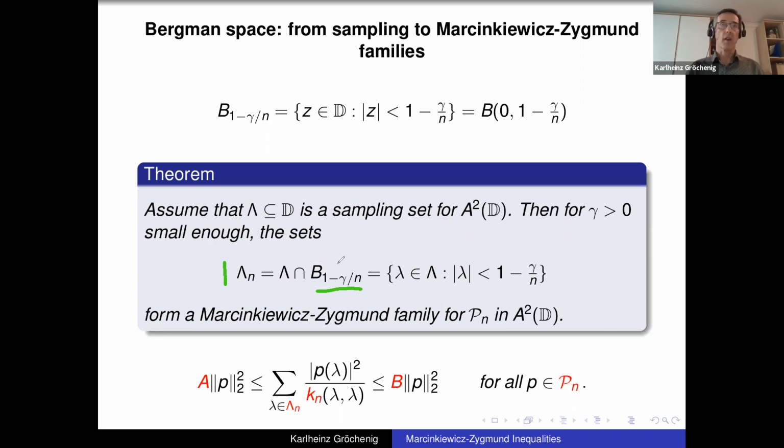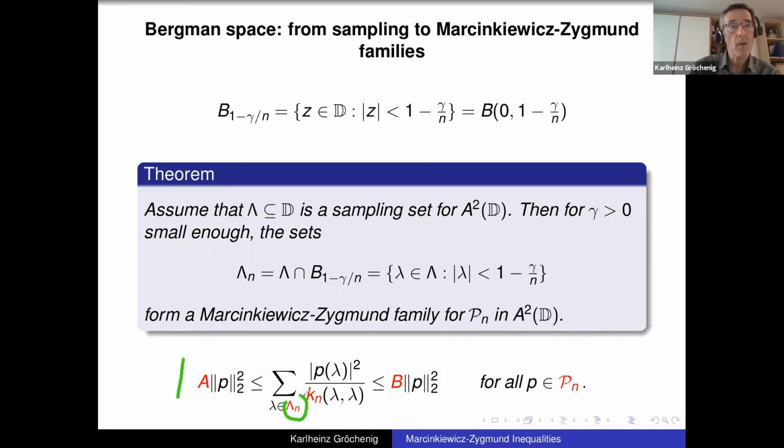And so you do that for every n. This depends on the degree of the polynomial. So as n gets larger, this disk exhausts the unit disk more and more, so you get more points. And so depending on n, this sequence of finite subsets of the original lambda form a Marcinkiewicz-Zygmund family for polynomials. So this means, to recall once more, for each polynomial subspace, you have a sampling inequality.